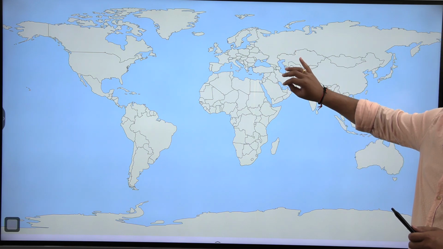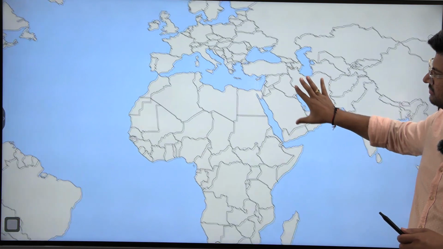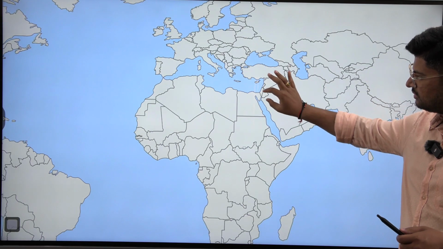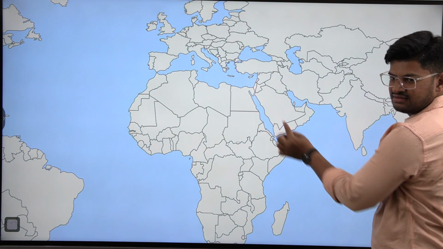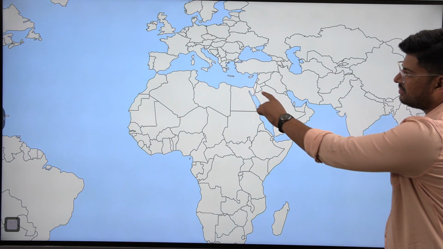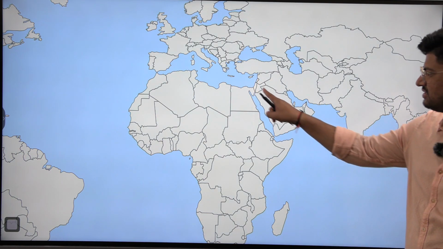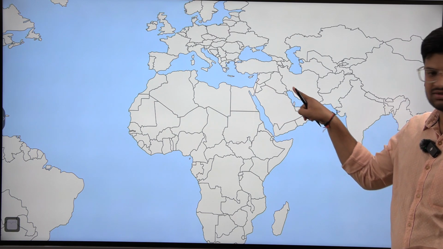This is Arabian Peninsula, right? Now zoom in. Can you see? There is a small peninsula. This is nothing but Sinai Peninsula, which is part of Egypt actually. This is Egypt. This is Saudi Arabia.